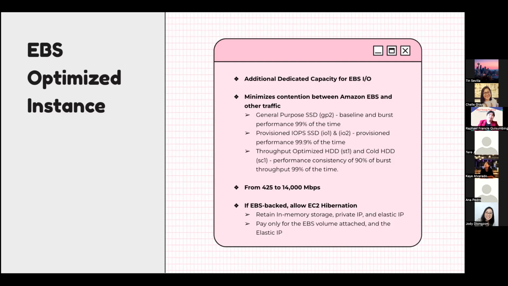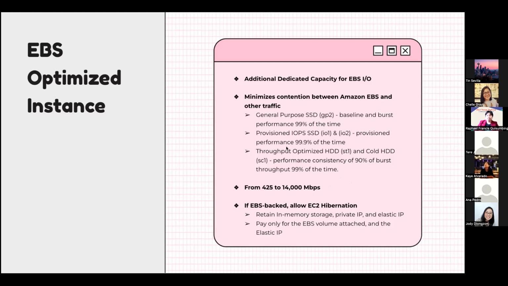Having this EBS optimized, there is another route dedicated just for your input output to your EBS. Again, it minimizes contention between your EBS and other traffic. Here are some performance figures if you're using EBS optimized instances, and the network for that is between 425 to 14,000 Mbps.